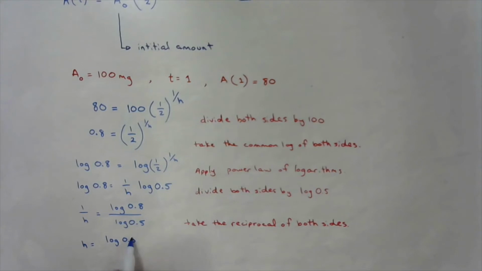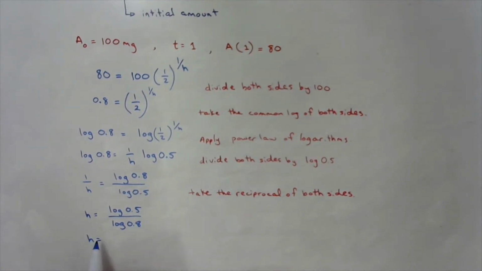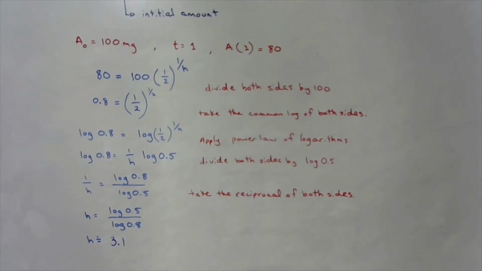log of 0.5 over the log of 0.8, which is, in your calculator, approximately 3.1. Okay, so h is 3.1.